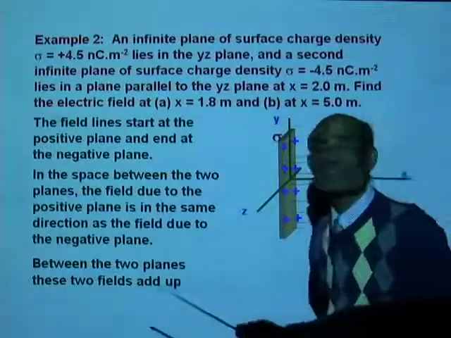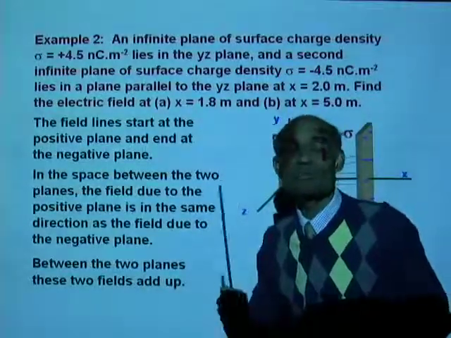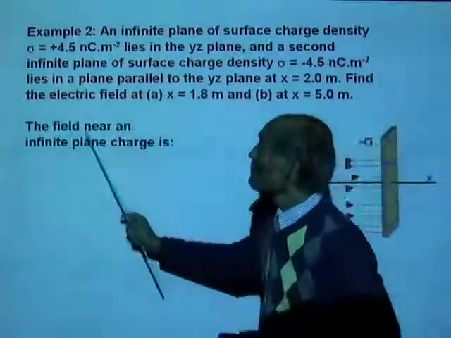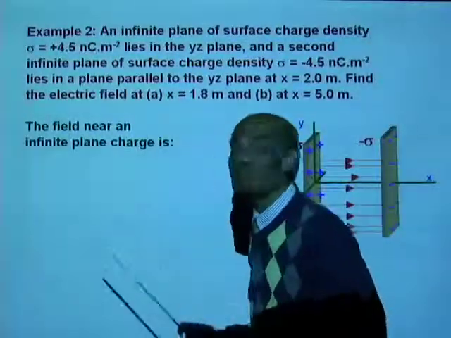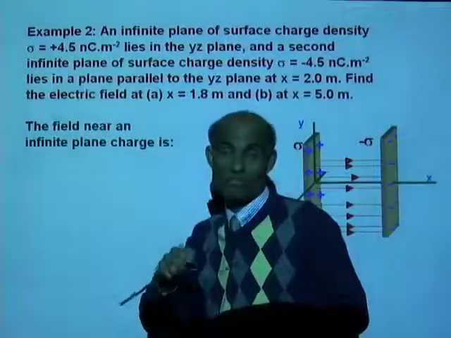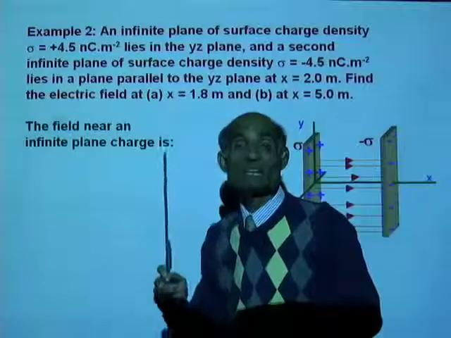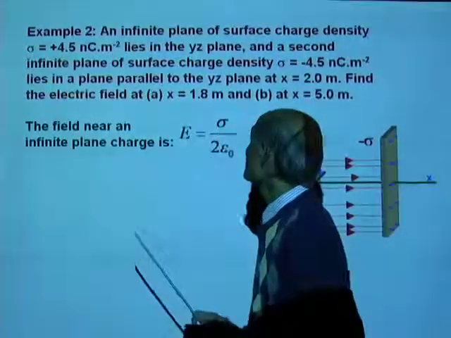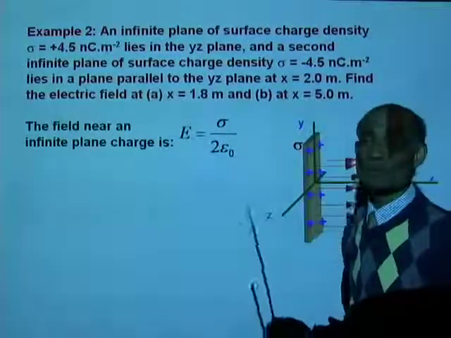Now, what is the electric field at a point due to an infinite plane? The field near an infinite plane charge is, you remember that we just derived the equation, sigma over 2 epsilon naught. E equal to sigma over 2 epsilon naught.